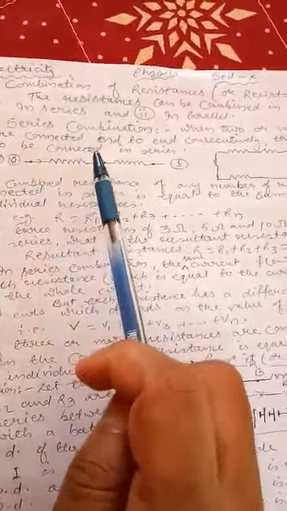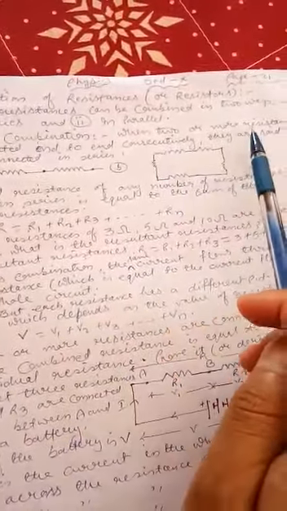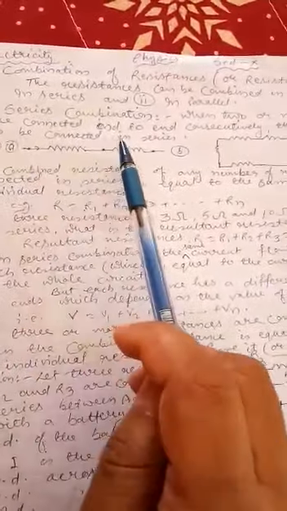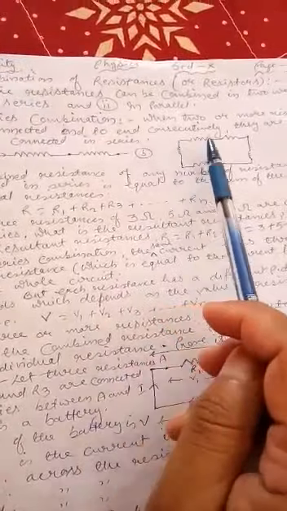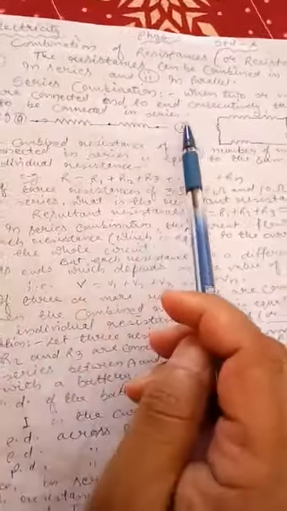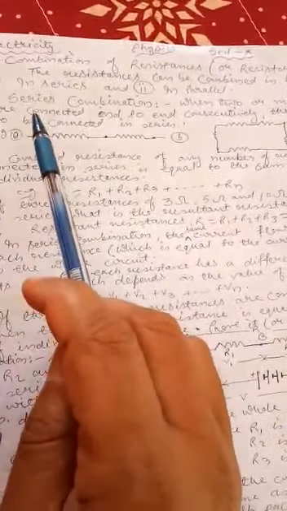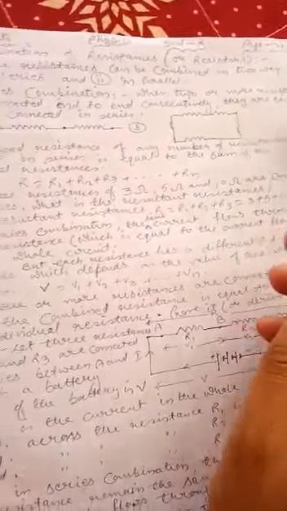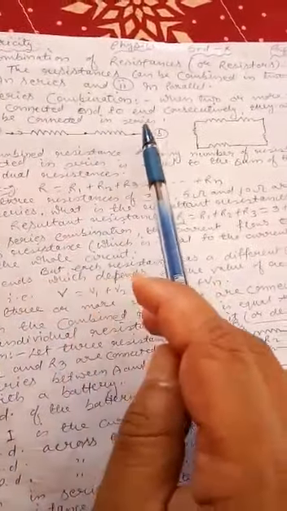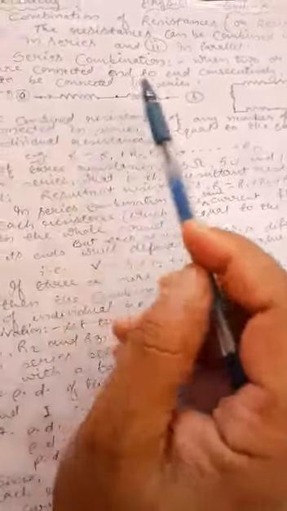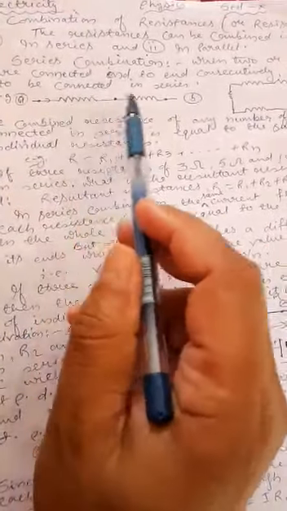Dear students, in series combination, when two or more resistances are connected end to end consecutively, they are said to be connected in series. For example, between points A and B, here is one resistance and another resistance.